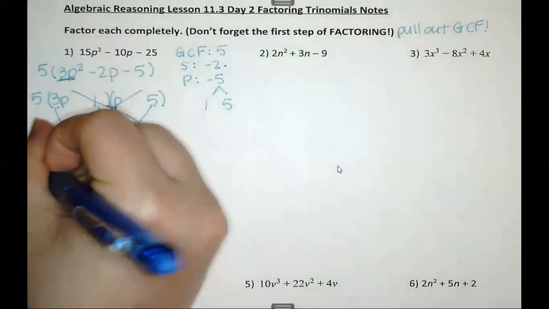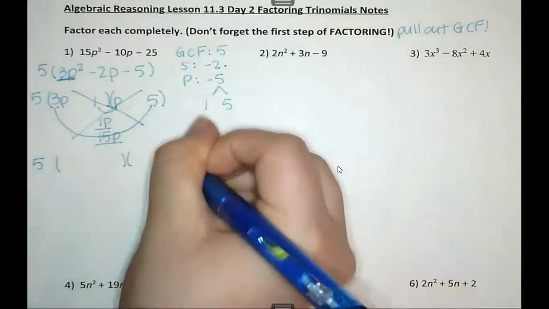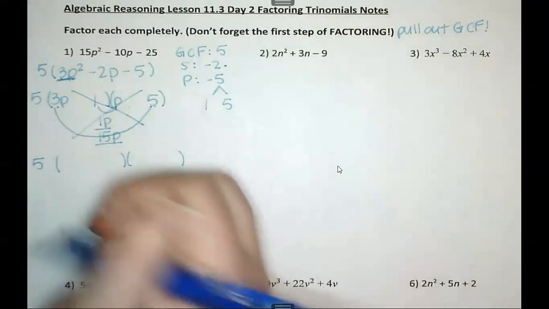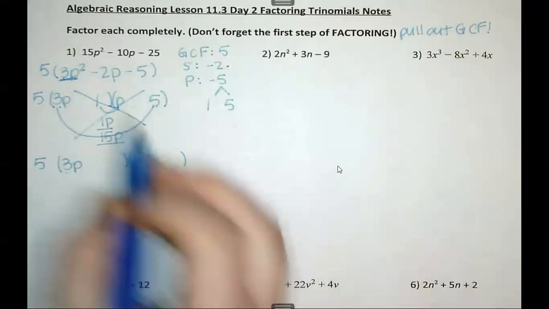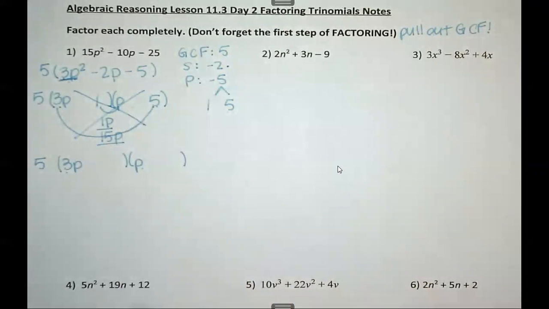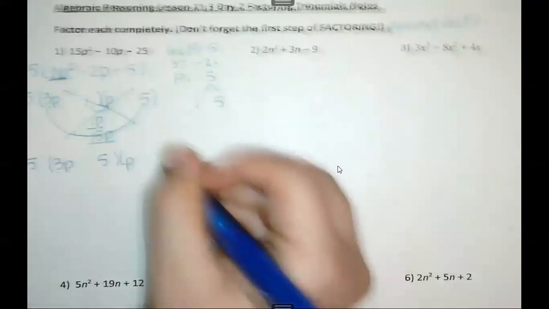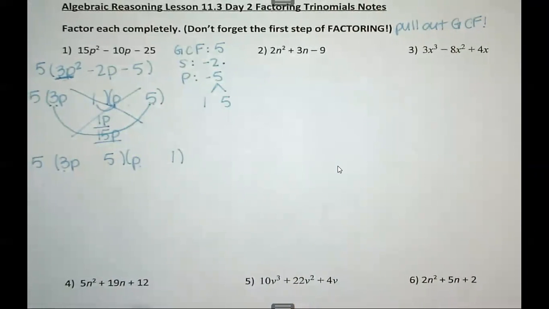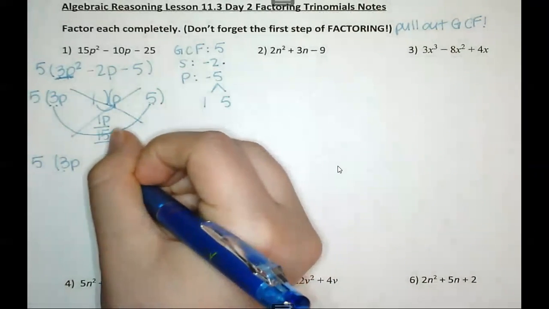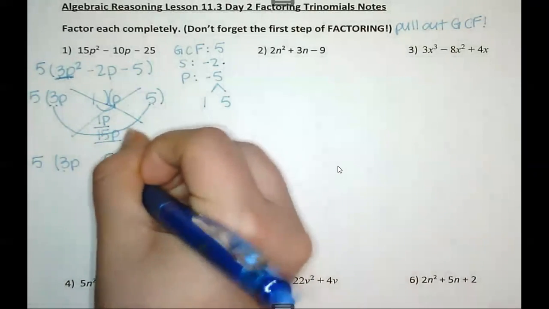So I've got my 5 here, make my 2 sets of parentheses, and we still have to keep the 3p and p because this has to multiply to give us 3p squared. But this time, I'm going to put the 5 in this one and the 1 in the second set. So now I check the inside. 5 times p would give me 5p.